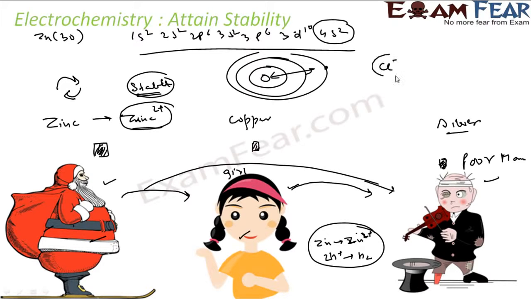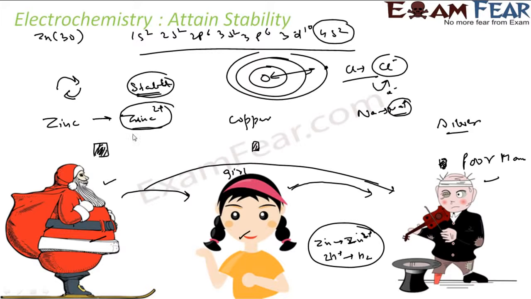For example, chlorine will always want to go to the Cl- state, that is, it will want to take one electron. Sodium will want to go to the Na+ state. It will want to give an electron because that is more stable. Everybody wants to be stable in life. To attain stability, they either gain or lose electrons, and that is the reason behind the whole of chemistry. It's all electrons that play a critical role.